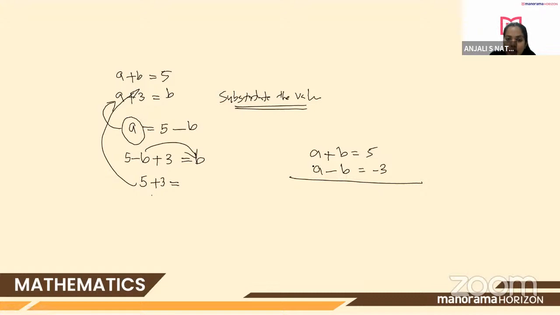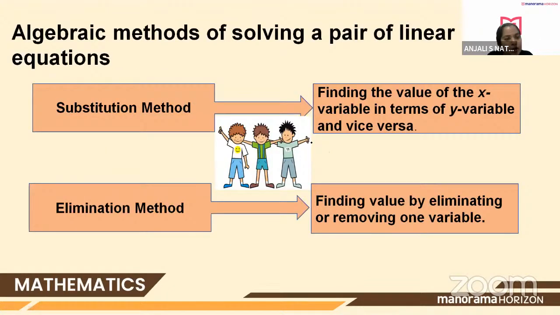If we subtract these equations, we can eliminate a. A minus a is equal to 0. Then we have only b here. And then after finding the value of b, we can substitute b into any of the equations and find a.